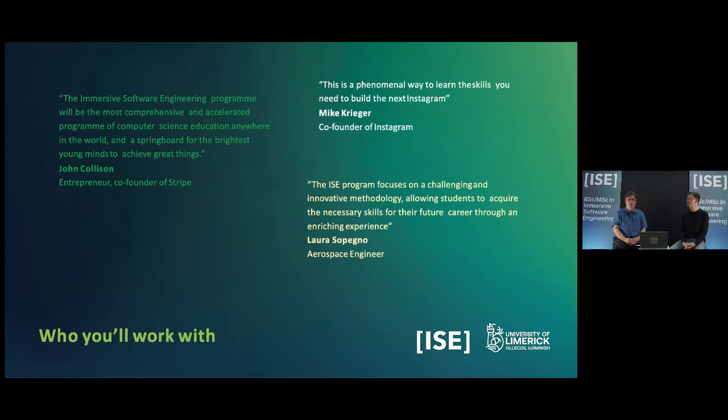They've democratized the internet and allowed small businesses, individual traders, NGOs, etc., to operate on the internet at a very low cost. So John's quote is, "The immersive software engineering program will be the most comprehensive and accelerated program of computer science education anywhere in the world, and a springboard for the brightest young minds to achieve great things." Those are incredible words from John.